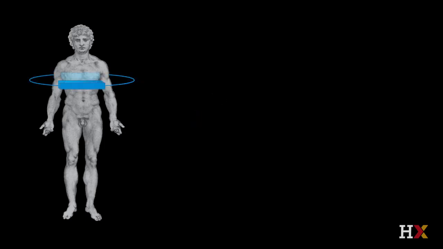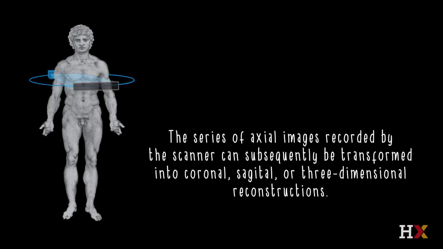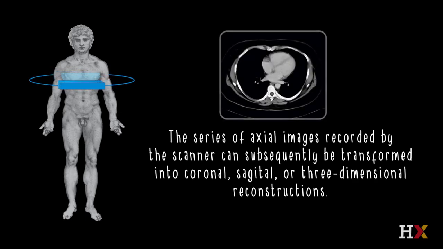Once we've taken this set of images, the data generated can then be transformed by the radiologist into sagittal or coronal reconstructions. Radiologists can even take those serial images and create a three-dimensional model of, for example, the aorta.